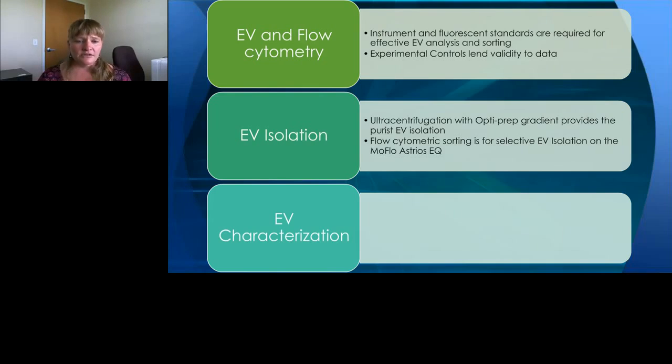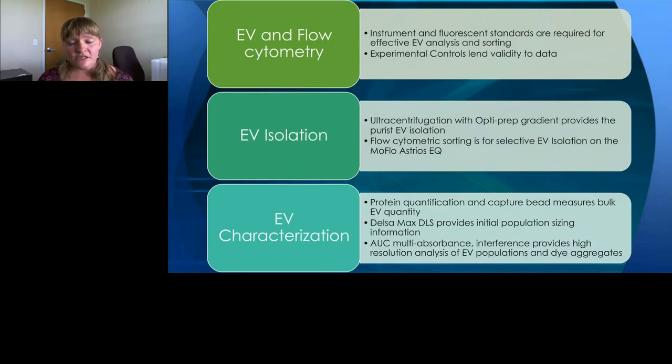Finally, characterizing by protein quantification and captured beads measures bulk EV quantity. DelsaMax DLS provides initial population sizing information and quick analysis, and the AUC provides multi-absorbance interference and high-resolution analysis of the EV populations and dye aggregates.